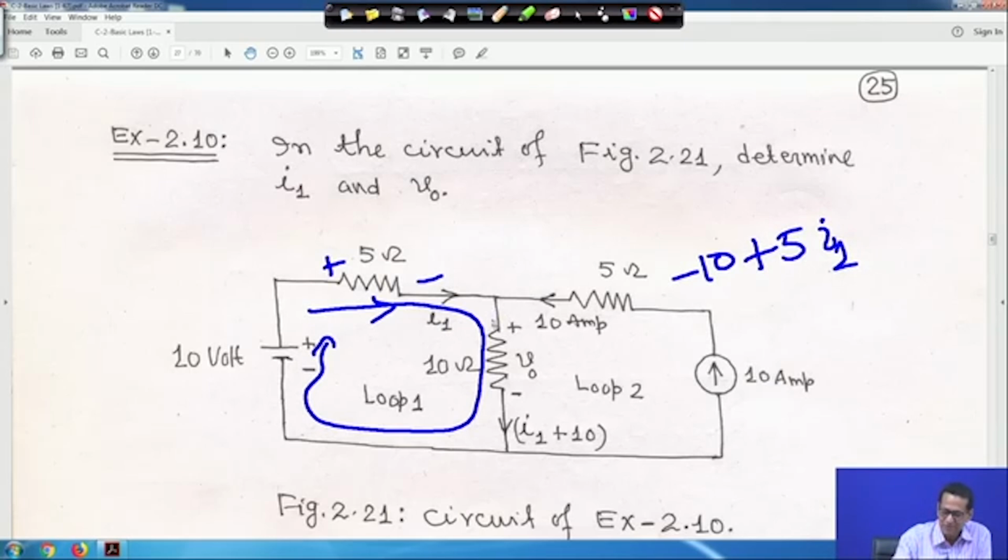Now, you are moving to this. So, it will be actually 10 ohm resistance into I 1 plus 10, right.